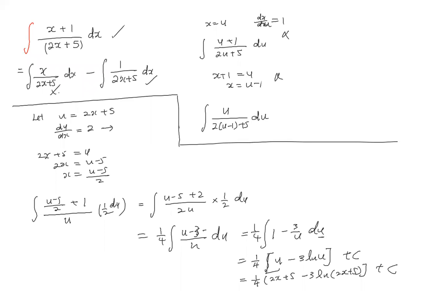So if you have to integrate, I just write the expression first without the integral. So the thing is x plus 1 over 2x plus 5.